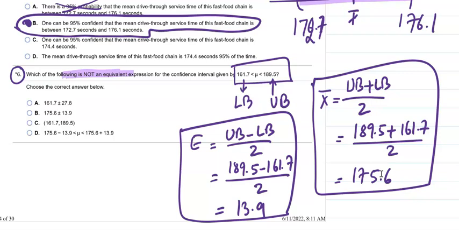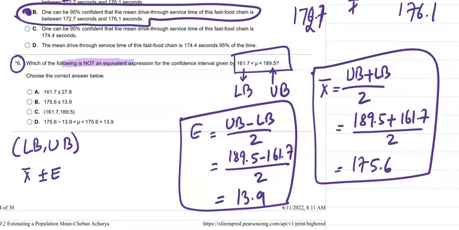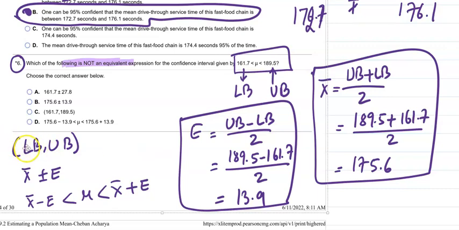So the interval goes this way: lower bound comma upper bound, that's the interval. Another interval could be x bar plus or minus e. The other interval is going to be x bar minus e less than mu less than x bar plus e. So you have three different forms of the interval. The first one is lower bound comma upper bound in parentheses.